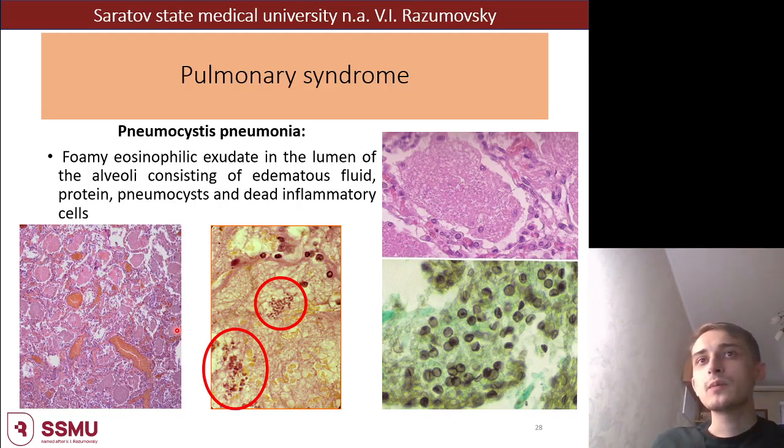For example, it may be pneumocystic pneumonia, which is characterized by foamy eosinophilic exudate in the lumen of the alveoli, consisting of edematous fluid, protein, pneumocysts, and dead inflammatory cells. So we can see all of these manifestations here, and also we may see pneumocysts in these areas and also in this area. So we may use hematoxylin reaction or special methods of staining here.